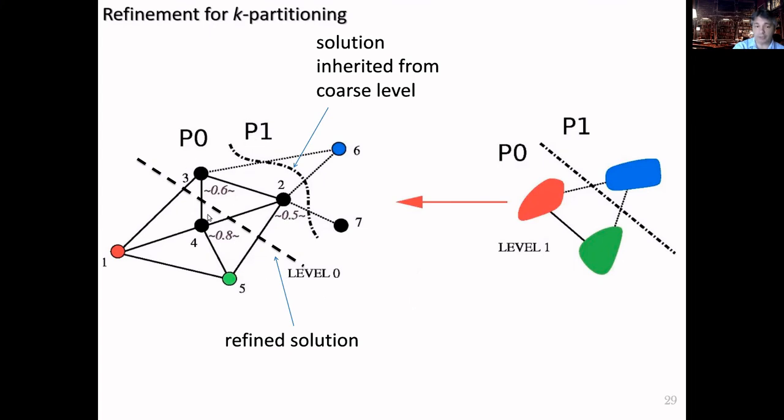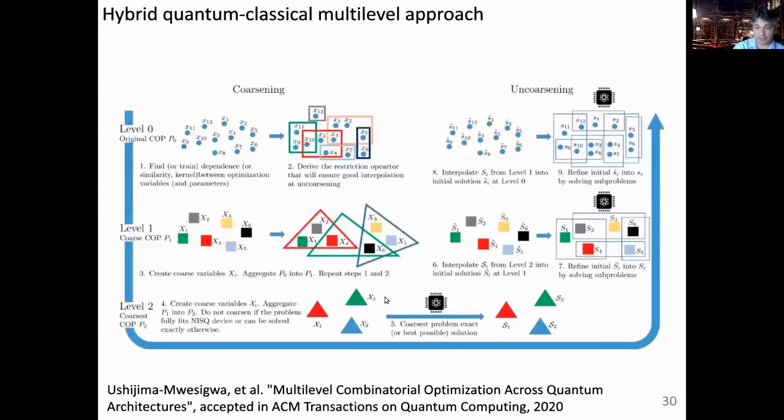If we refine a problem better, then we can expect a much larger change at the finest level. So that's our general hybrid quantum classical multi-level approach. These are the places where we use calls for NISQ devices.